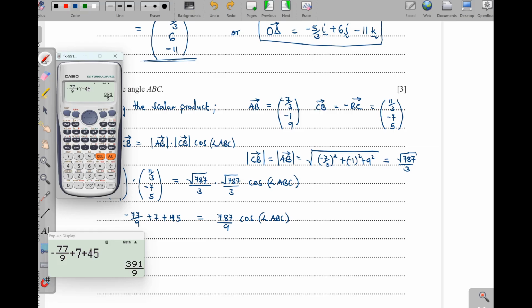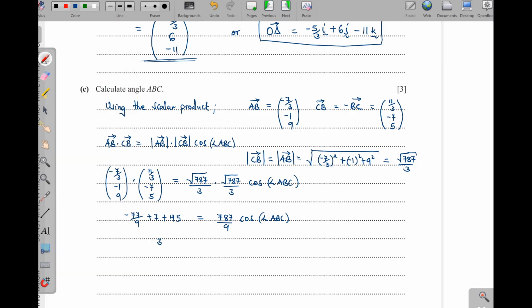That one is 391 over 9. Then we shall say times 9 out of 787, because I want to make angle ABC the subject. Then will be equal to cos of angle ABC. So meaning angle ABC then shall be equal to the arc cos of the whole of this. So arc cos of 391 out of 787, because this 9 disappears, not so?